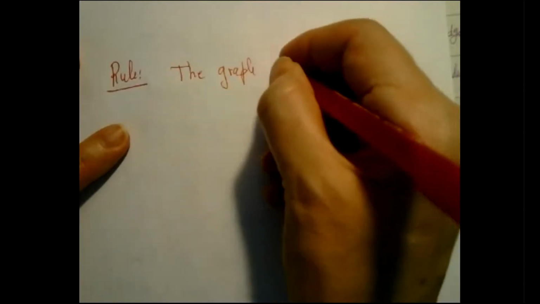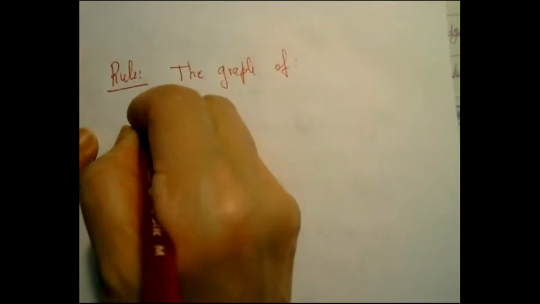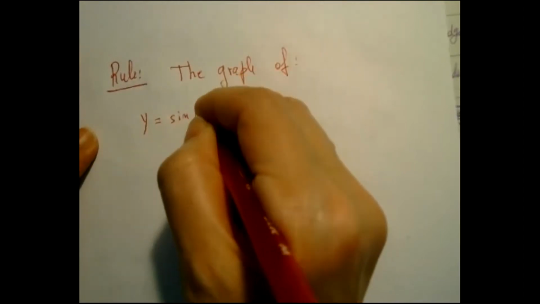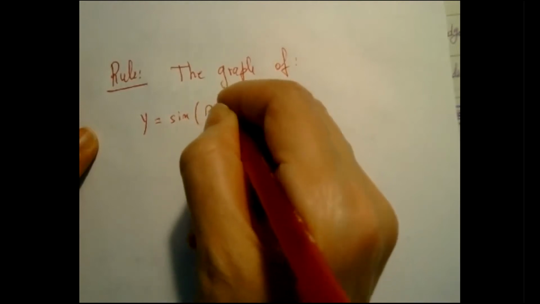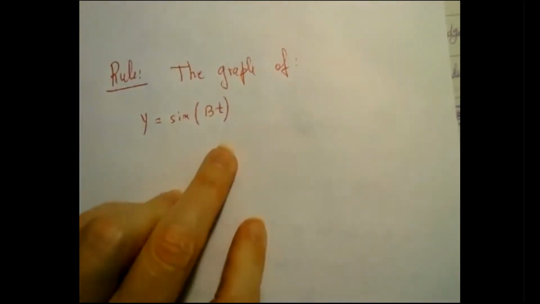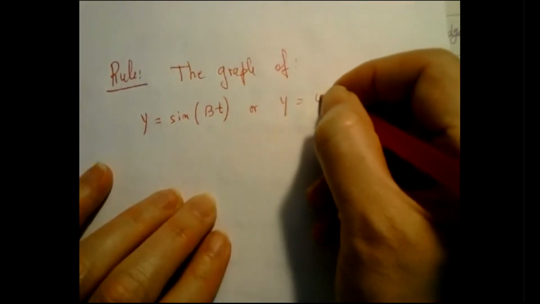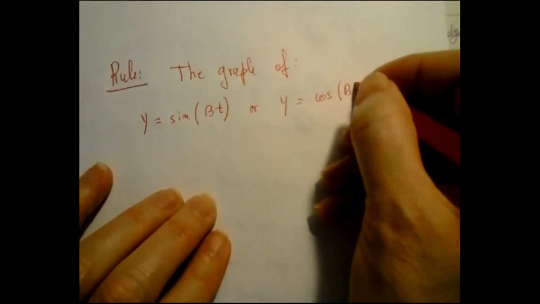Okay. The graph of the following function: y equals sine bt. B is a constant, what we're multiplying t by. Or y equals cosine bt.